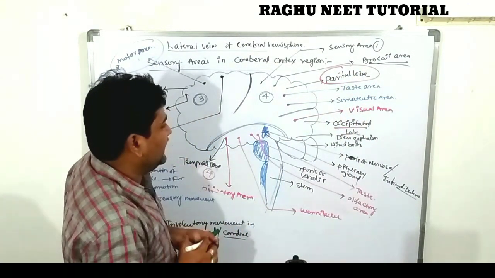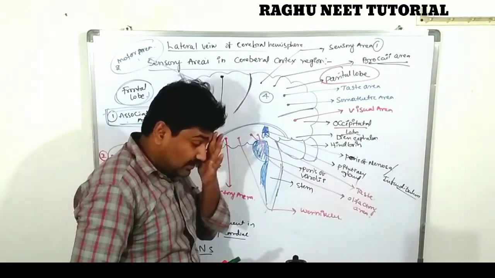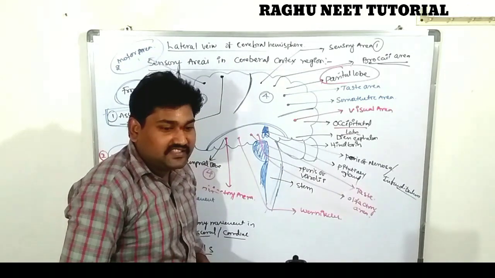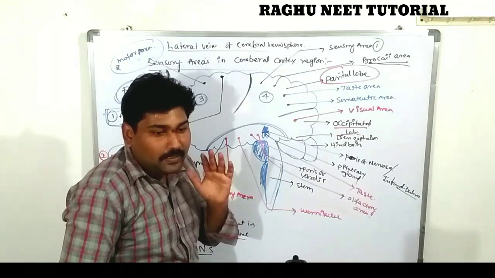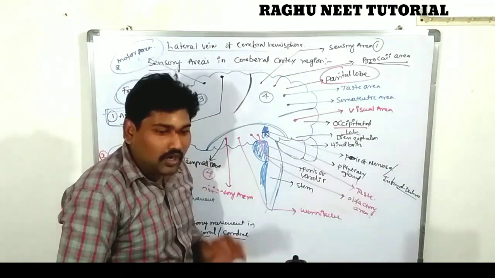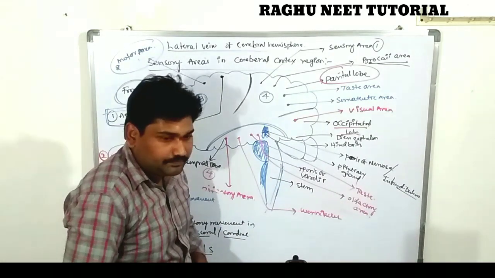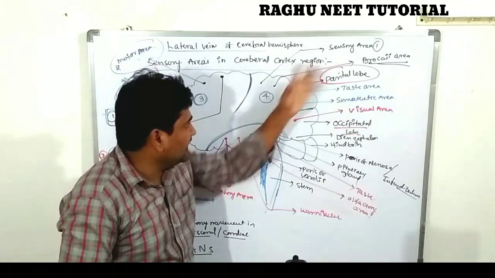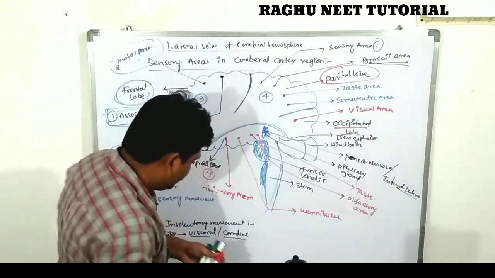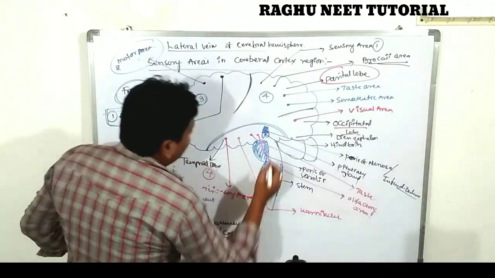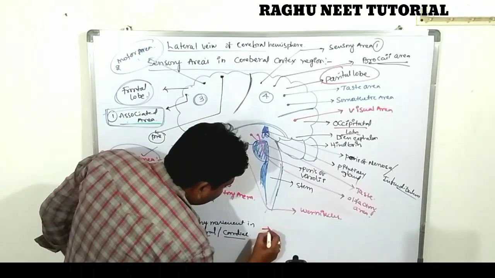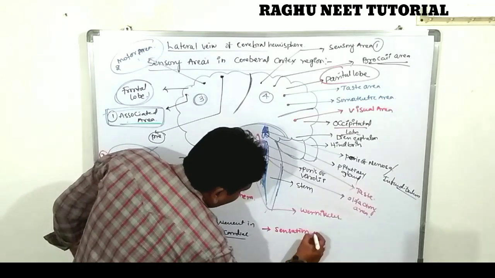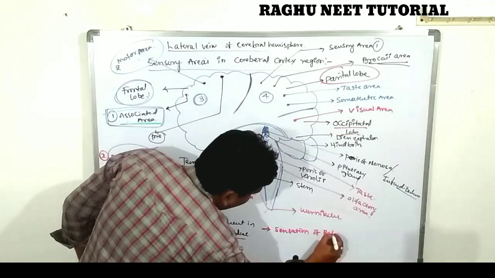The parietal lobe contains 4 sensory areas. First one is the sensory area. The sensory areas are useful for the sensation of body parts, like touch, smell, and so on.